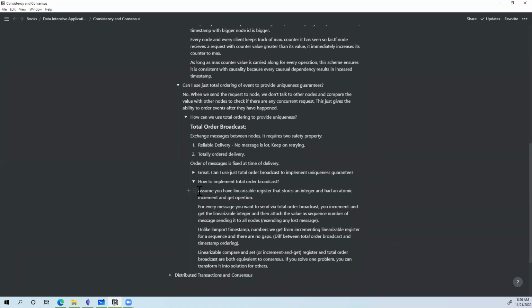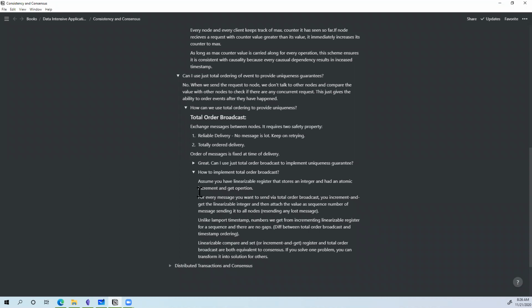So yeah, basically let's read it through. Assume you have a linearizable register that stores an integer and has an atomic increment-and-get operation. So for every message you want to send via total order broadcast, you increment and get the linearizable integer, and then attach the value as the sequence number of the message, sending it to all the nodes.